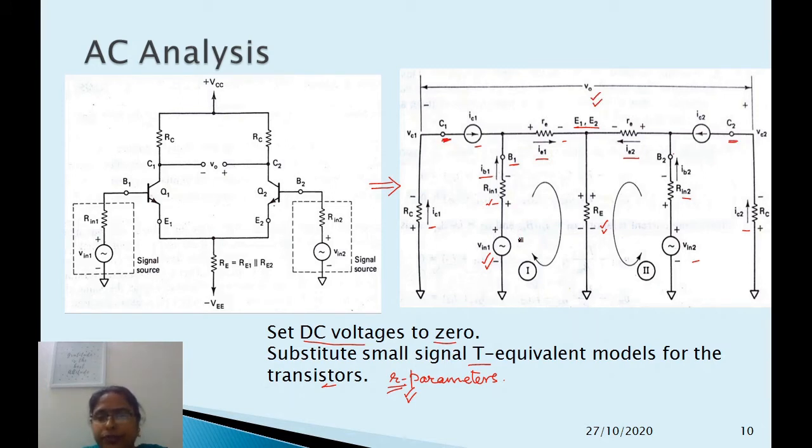For the AC equivalent we have reduced VCC and VEE to 0 volt.